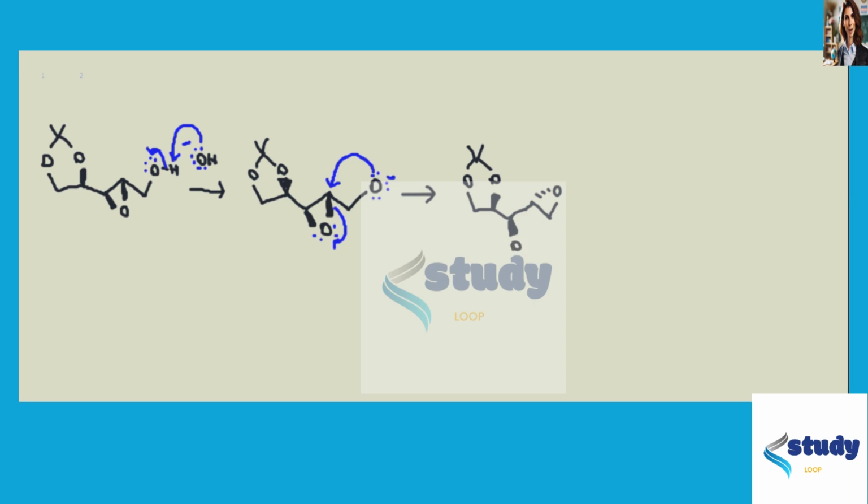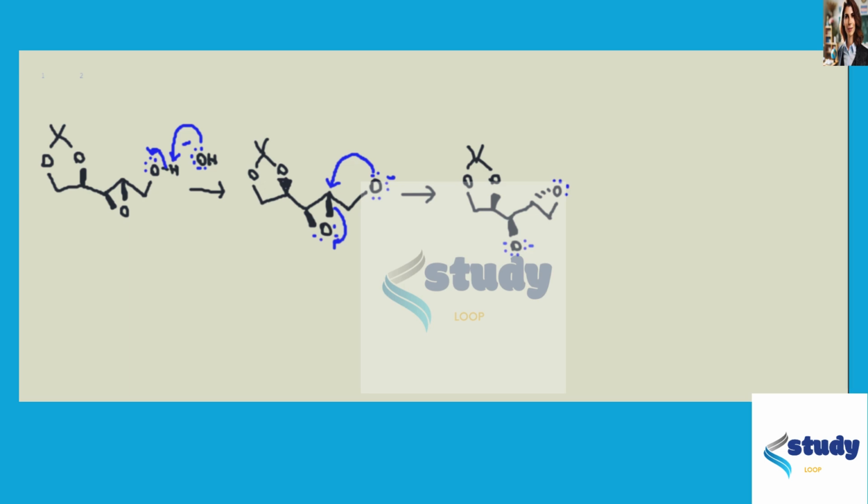Okay, and so now we can see this oxygen that has a negative charge that is going to shortly be protonated to be just an alcohol. We can see where its stereochemistry derives from, and we can also see where the stereochemistry on our newly formed epoxide comes from.